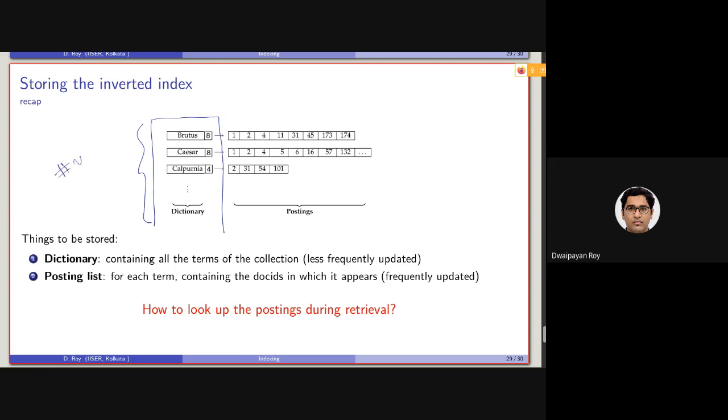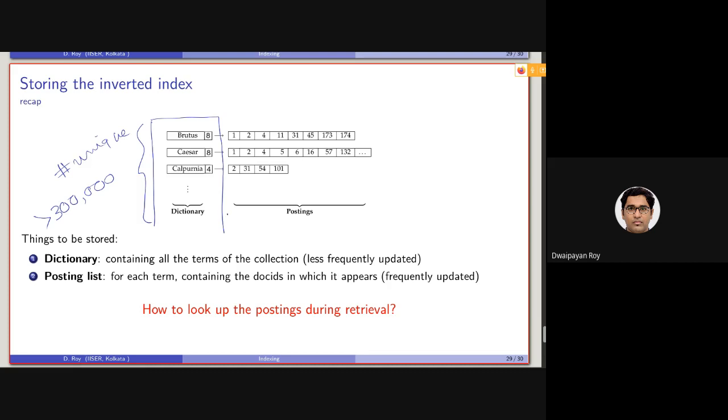So a fairly large collection can have, say, more than 300,000 unique terms. So there will be 300,000 different rows for this. To do the retrieval, we need to keep everything in the memory. Again, it is a little bit problematic. So we will be discussing this later on, how to keep these things efficiently in the memory to do an efficient retrieval.